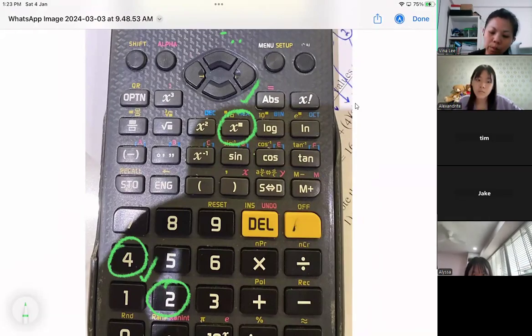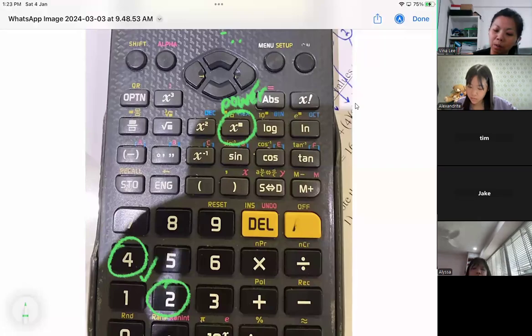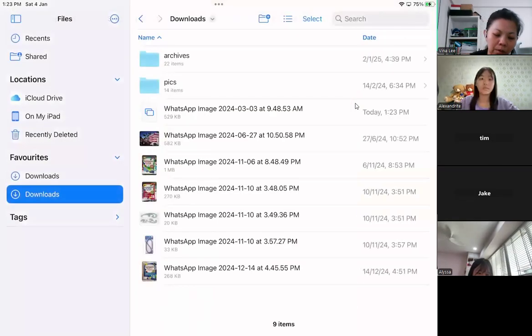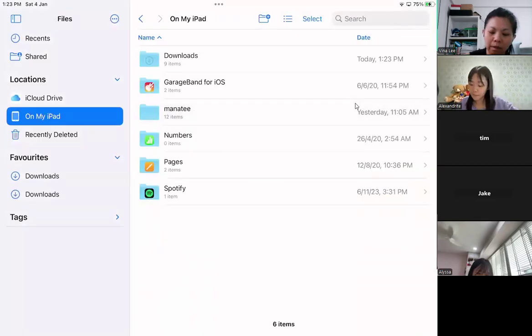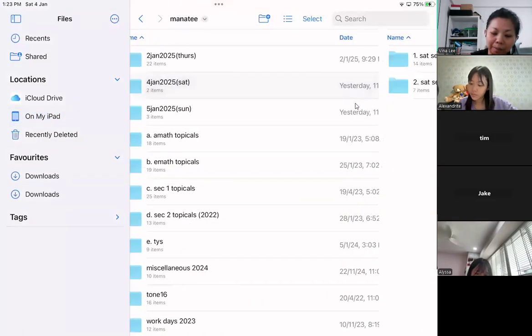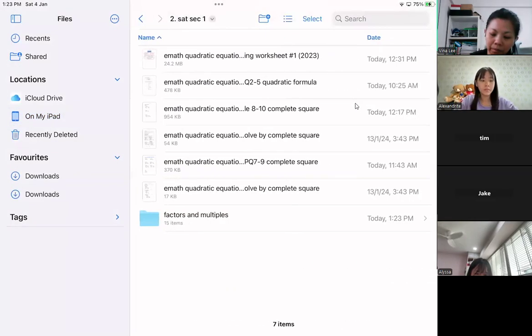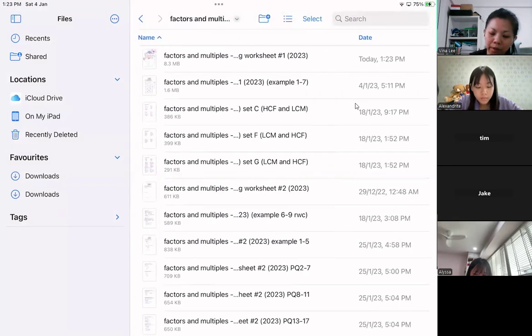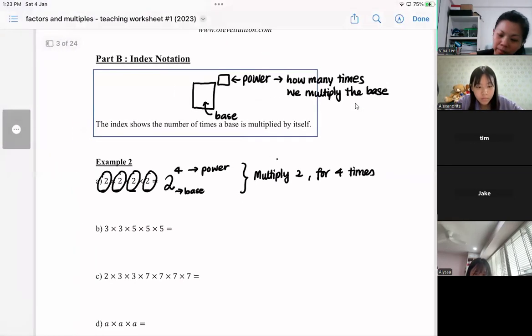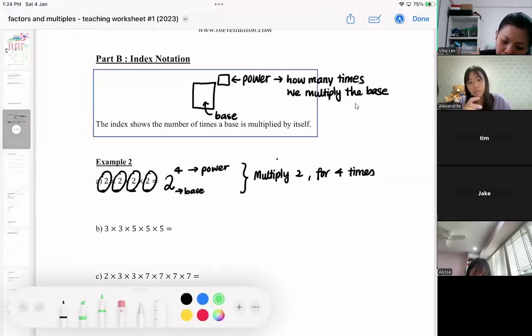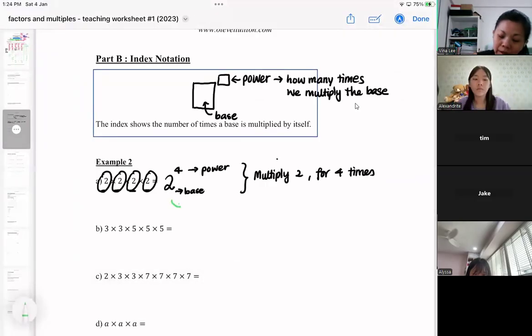This is called the power button. 2 power 4. So if you press 2 power 4, you try pressing it, it should give you 16.